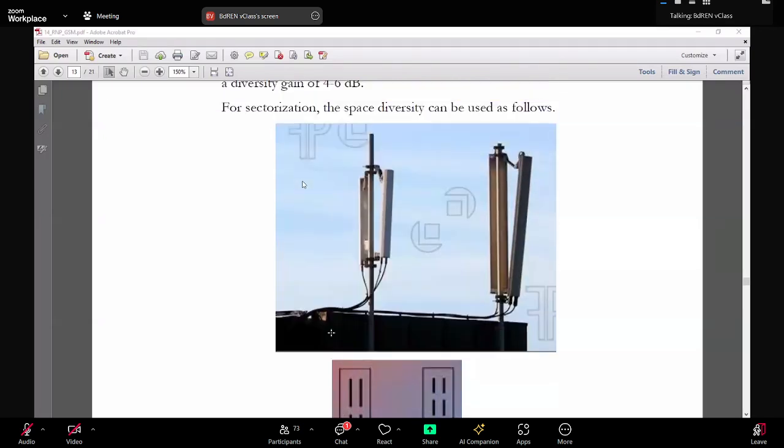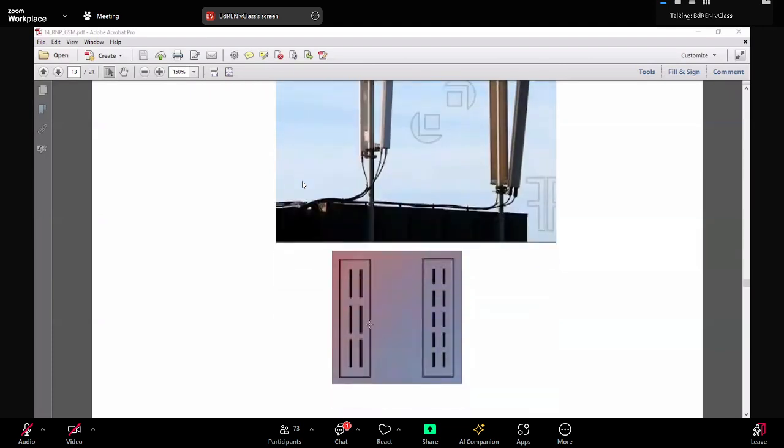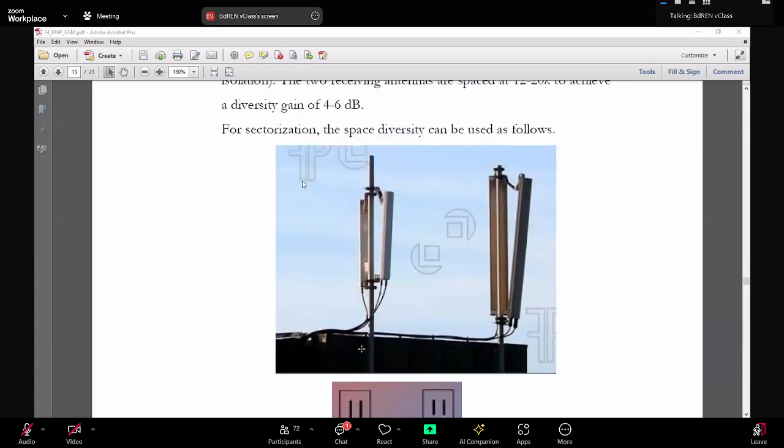And now you can see that there are two antennas, and the left three can be connected, not connected, but they form one array, and the right three on the left side form another array.